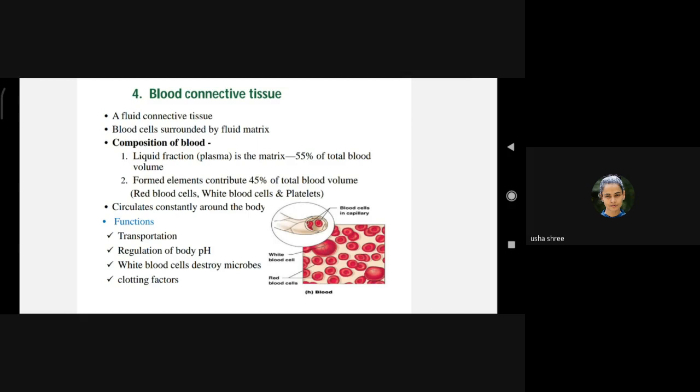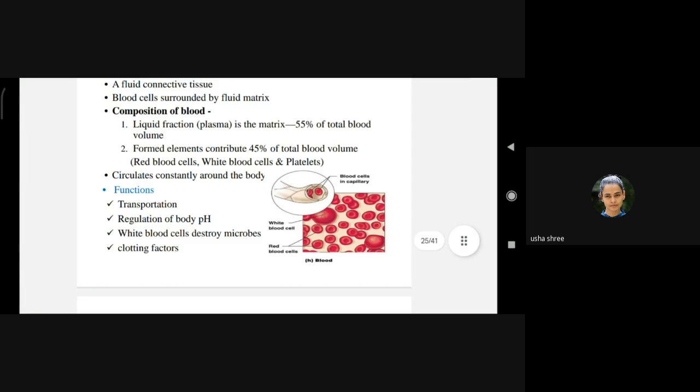And the functions are obviously transportation. It transports necessary nutrients and minerals throughout the body. It regulates the body pH. Obviously, when unwanted or extra material is in the body, we excrete it through our excretions, and it happens through blood only. When blood goes to the filtration or kidney, then only we can excrete our unwanted material.